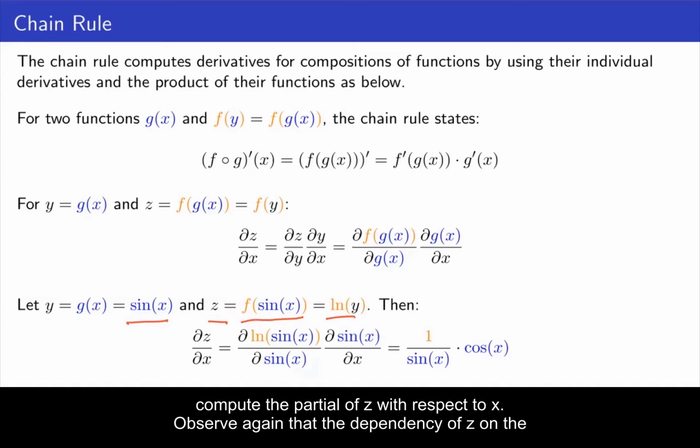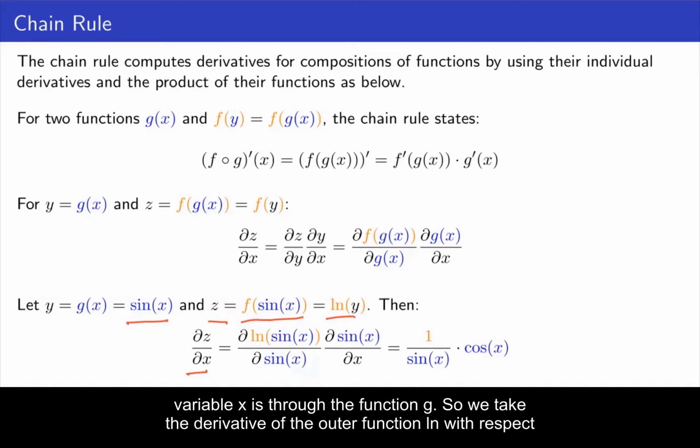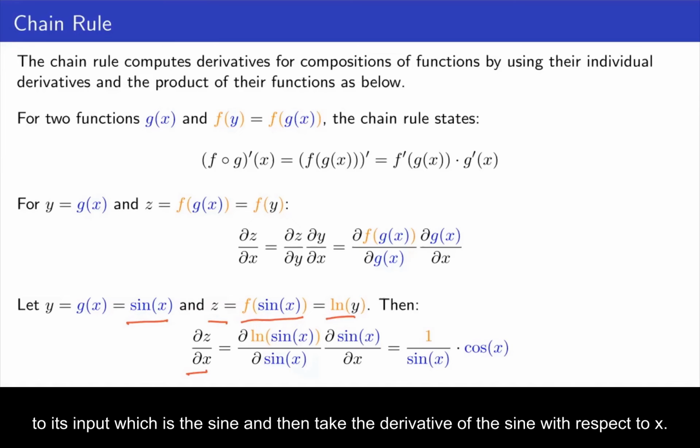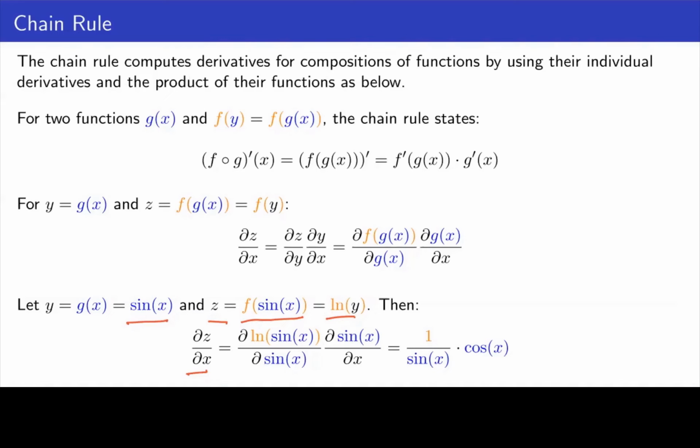Now we want to compute the partial of z with respect to x. Observe again that the dependency of z on the variable x is through the function g. So we take the derivative of the outer function ln with respect to its input, which is the sine, and then take the derivative of the sine with respect to x.